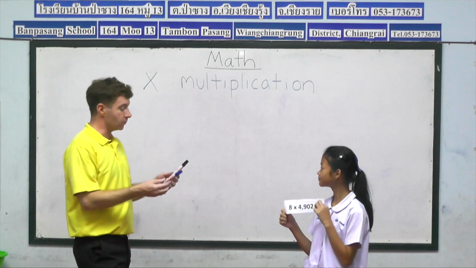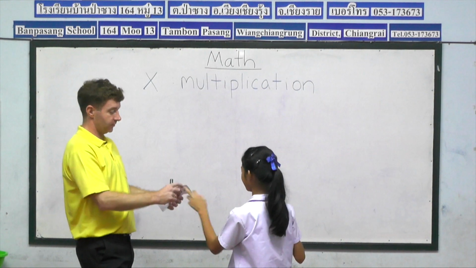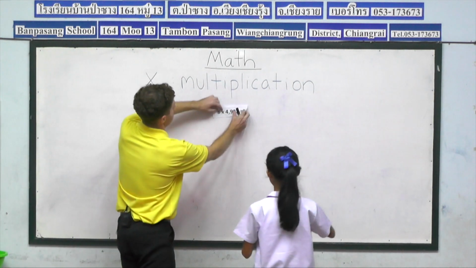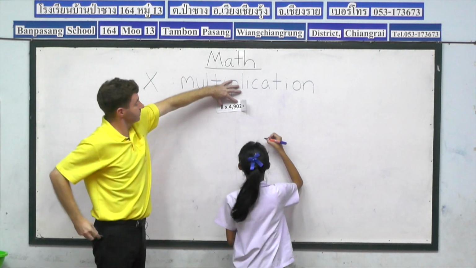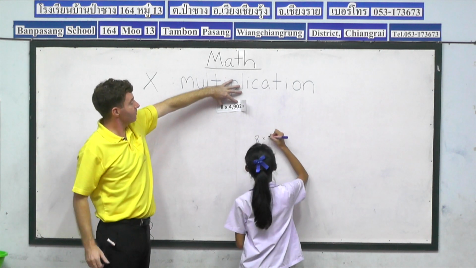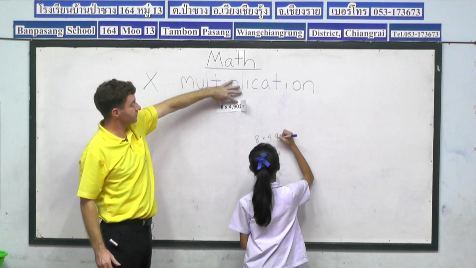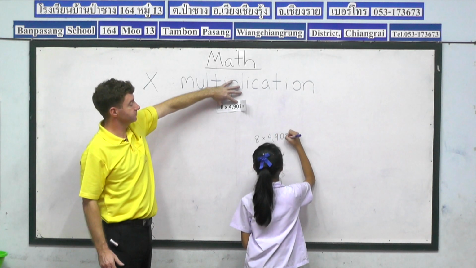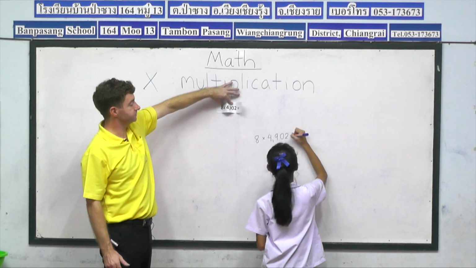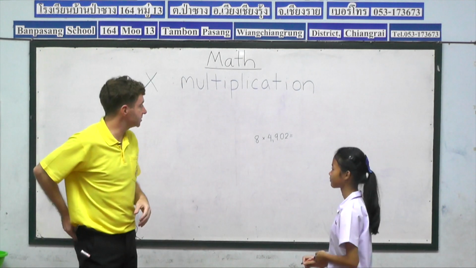Okay, so Down, what color would you like? Blue. Excellent. So first of all, let's write our problem on the board. 8 times 4,902 equals. So step 1, now we organize our multiplication table.